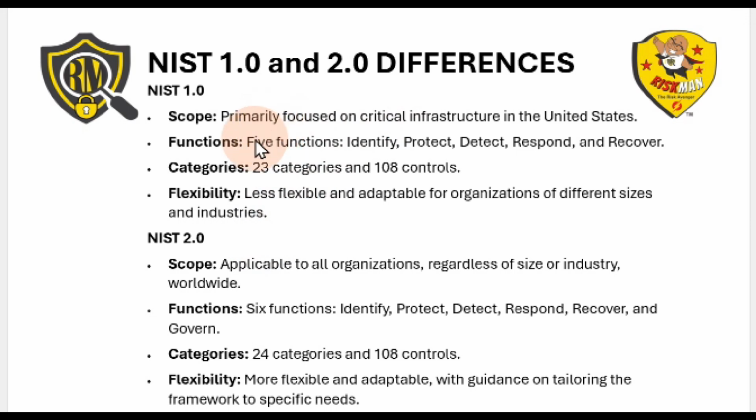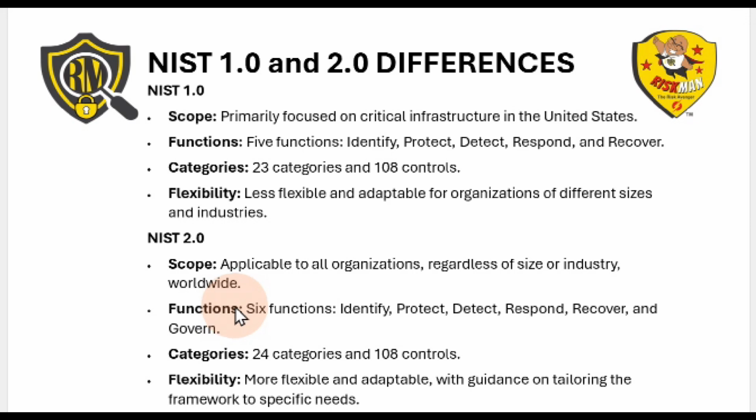The second thing is in 1.0, there's 5 functions: identify, protect, detect, respond, and recover. And in the 2.0 version, what they've done is put the 6th function in there, which is governance.